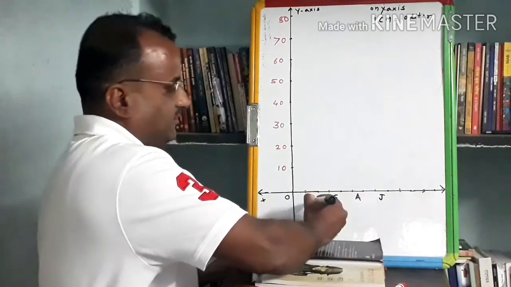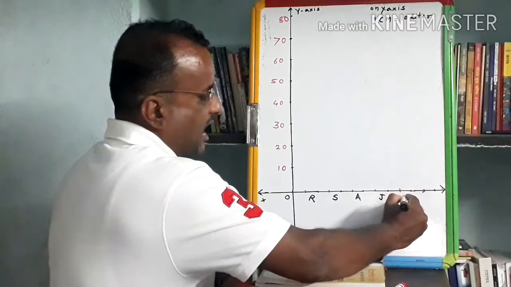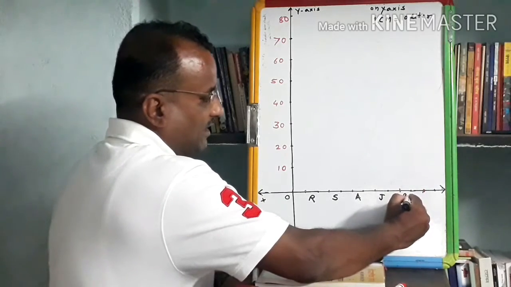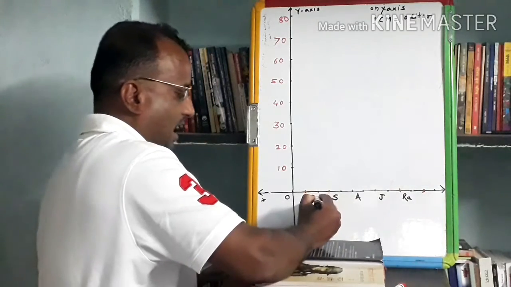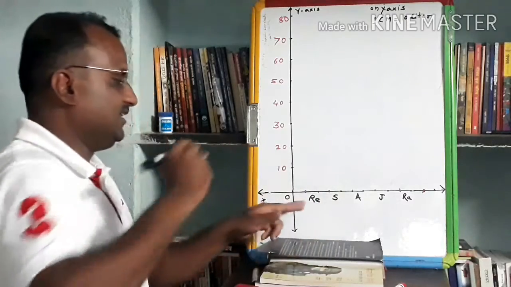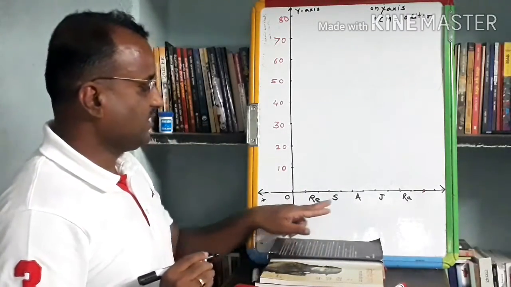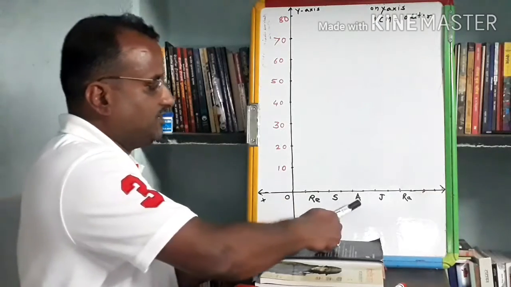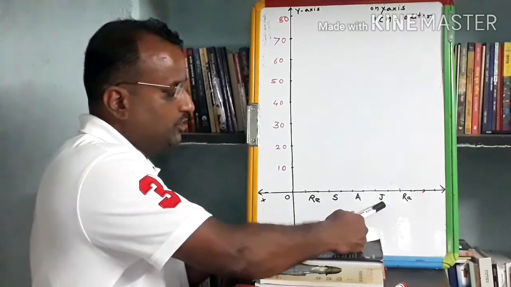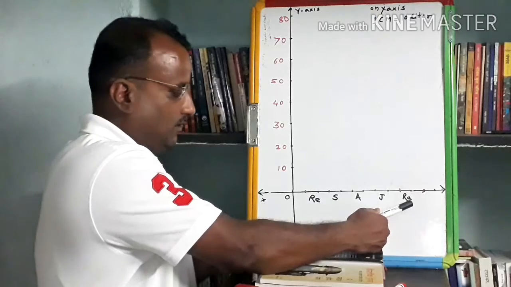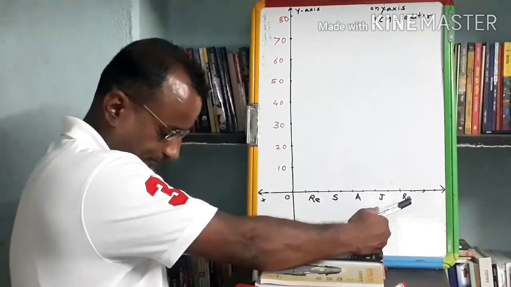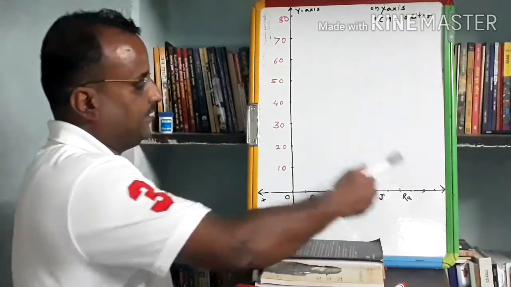So R is double here, so we take RA for Rahul and RE for Ramesh. This is the head of the family. First is Ramesh's family, second is Shobha's family, third is Ayub's family, fourth is Julie's family, and fifth is Rahul's family.